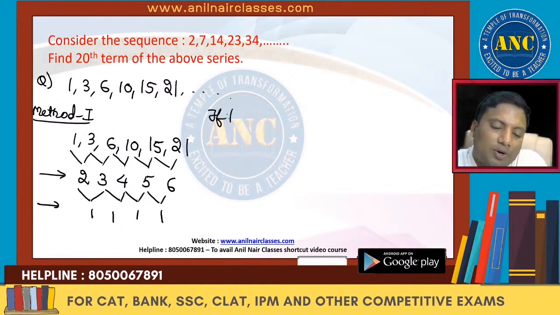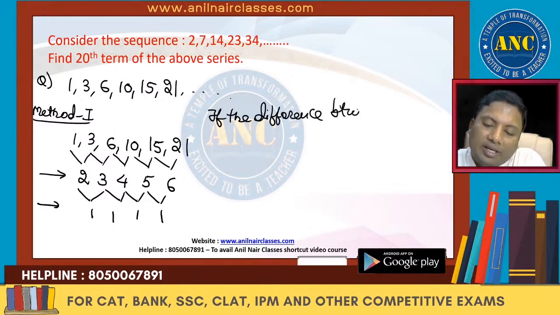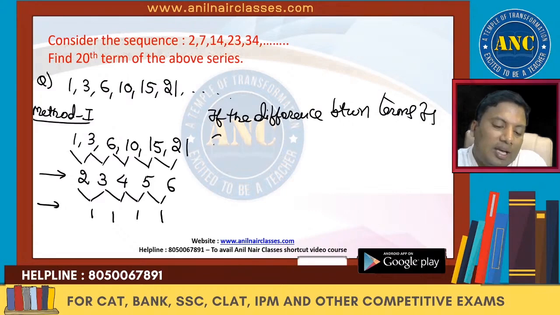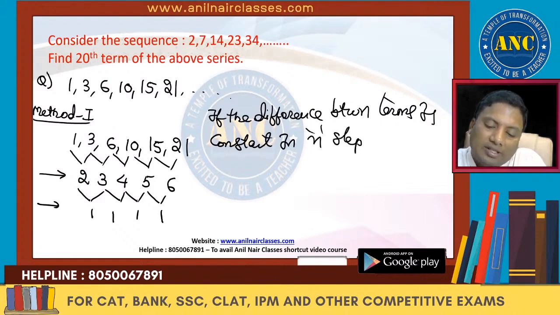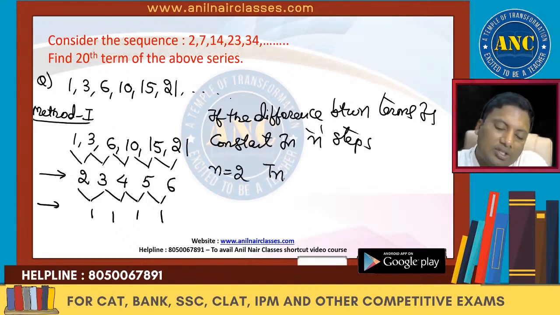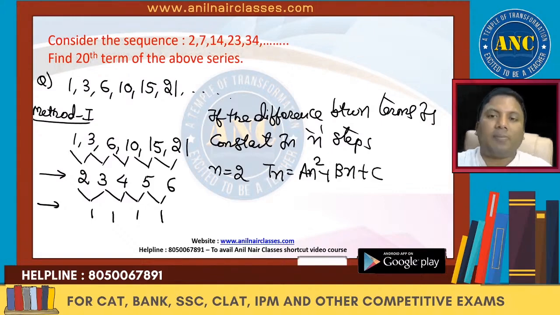First write down this point. If the difference between the terms is constant in n steps, suppose n equals 2, if it is constant in 2 steps, then the nth term will be a quadratic expression, an square plus bn plus c.